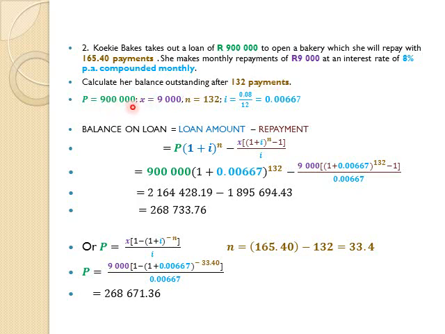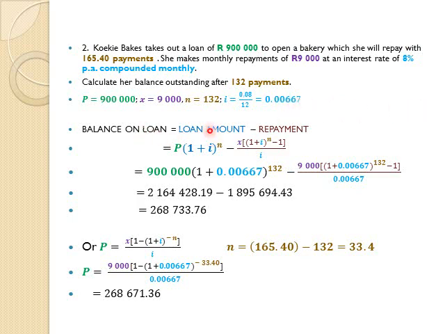So P equals 900,000, monthly payment x equals 9,000, n is 132, i is 8% divided by 100, 0.08, compounded monthly, therefore divided by 12, gives me 0.006667.